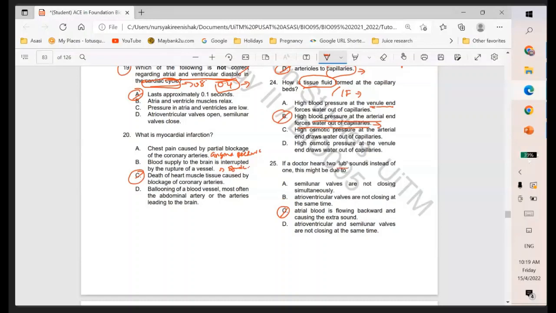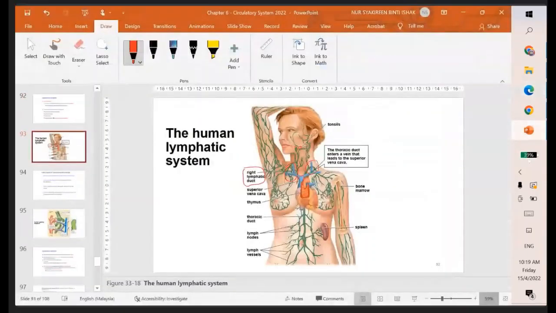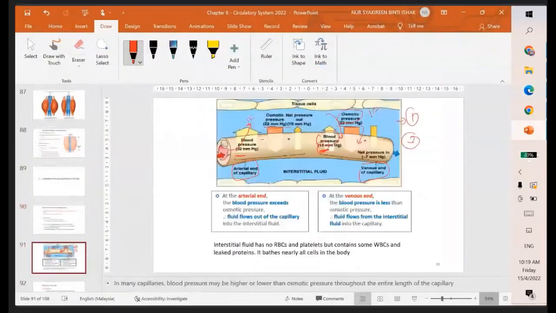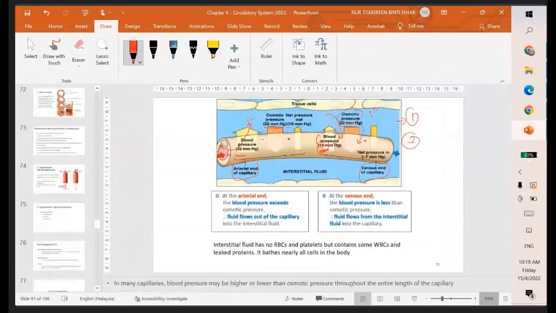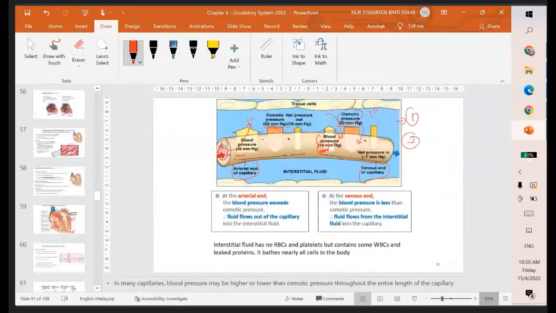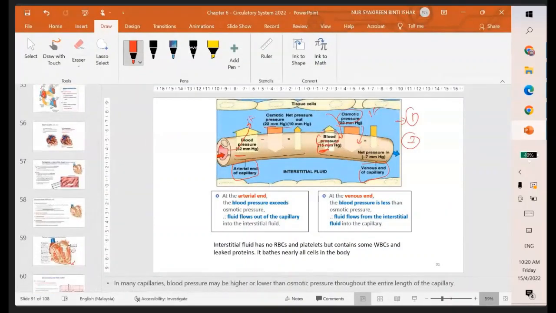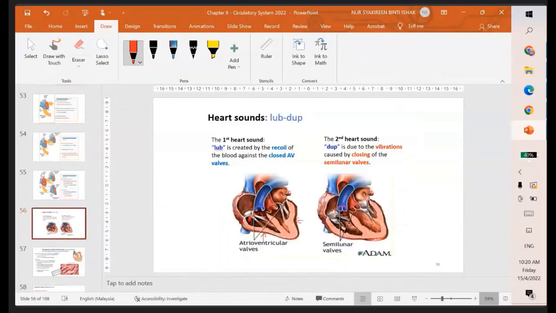Sebab the heart sound consists of two sounds, which is lub and dub. For the first sound, the lub, it is created due to recoil of the blood against the closed AV valve. So I think that the extra sound is being produced due to failure in the AV valve.